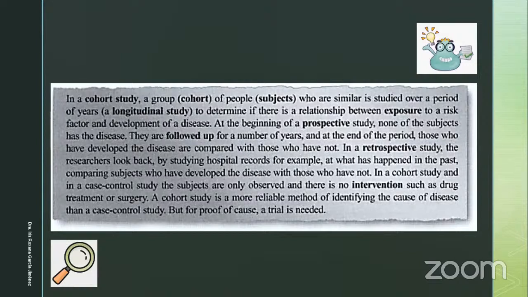In a cohort study, as in a case control study, the subjects are only observed and there are no interventions such as drug treatment or surgery. A cohort study is a more reliable method of identifying the cause of a disease than a case control study. But for proof of cause, a trial is needed.